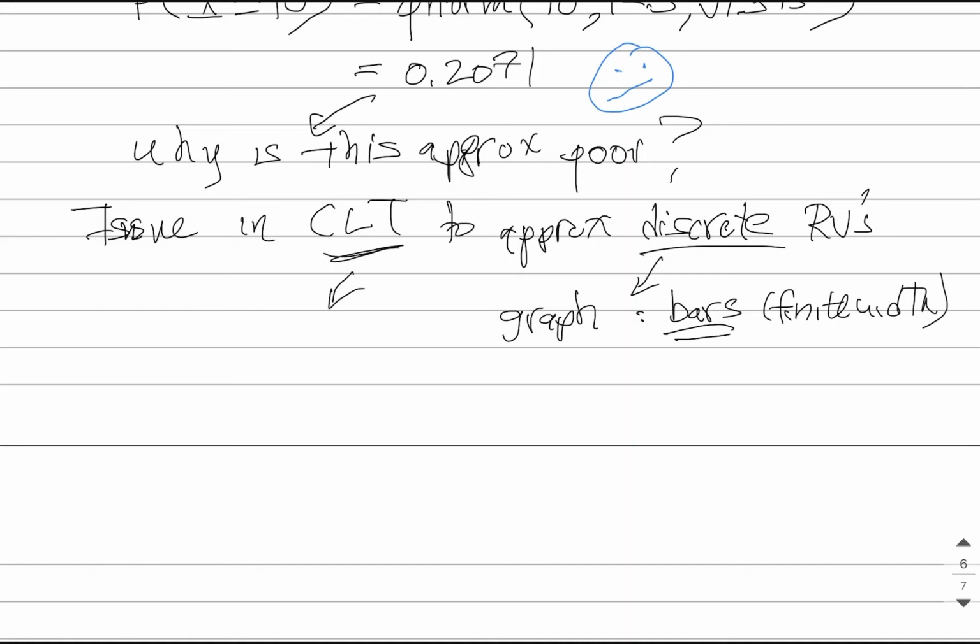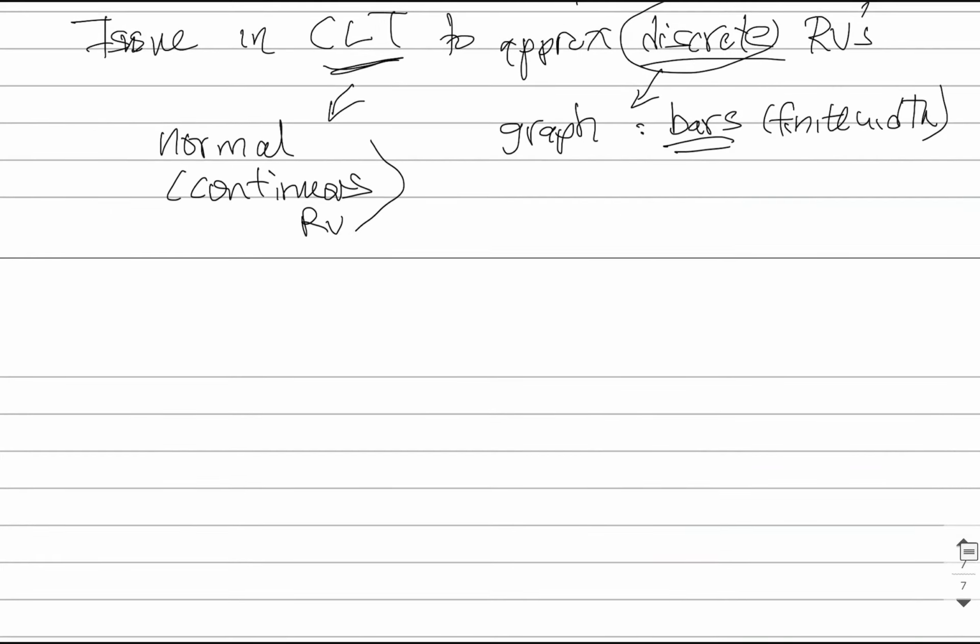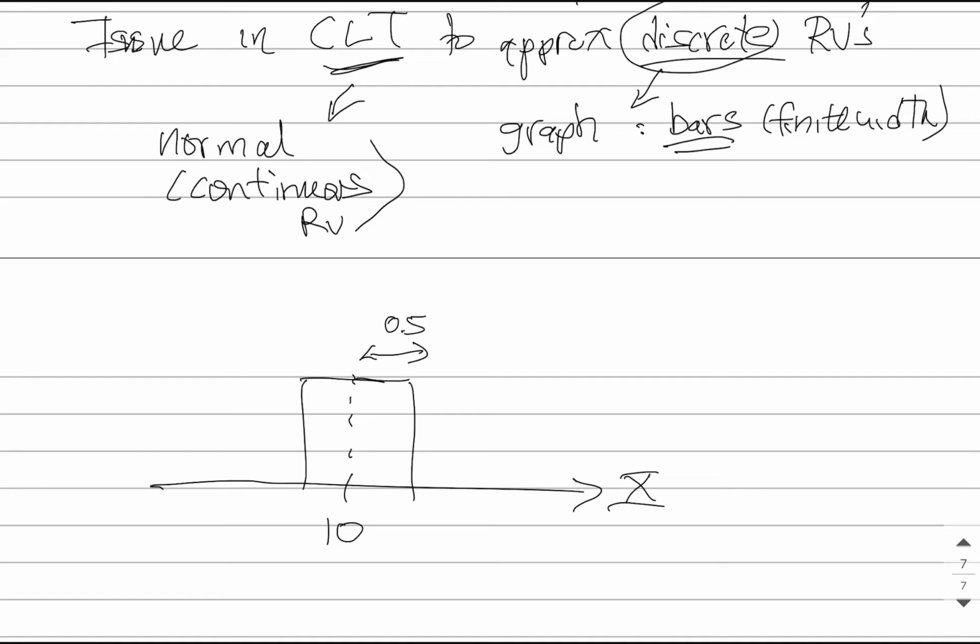The central limit theorem tells us that we have a normal distribution, and this is a continuous random variable. If we want to use that to approximate a discrete random variable, then when we overlay the two, this is the kind of thing that's going to happen. When we do a discrete random variable, we've got a bar that's a half a unit in width each way.